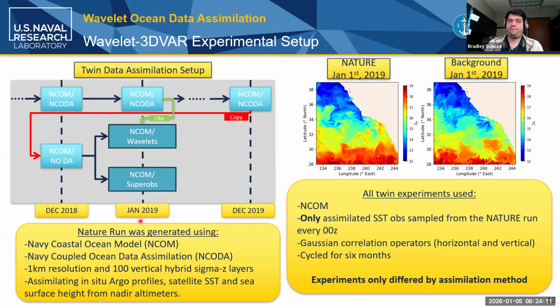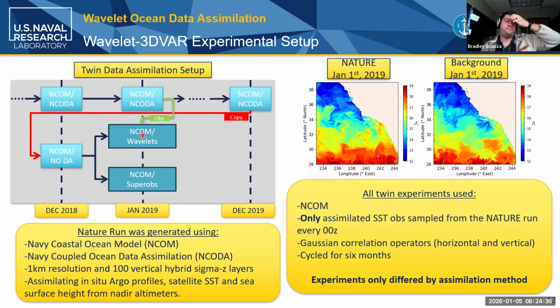That produced our background state for our twin data assimilation experiments. Then we used observations sampled from the nature run at each 00Z to drive these experiments towards the nature run. So we're able to derive error results from the nature run for each of these experiments.